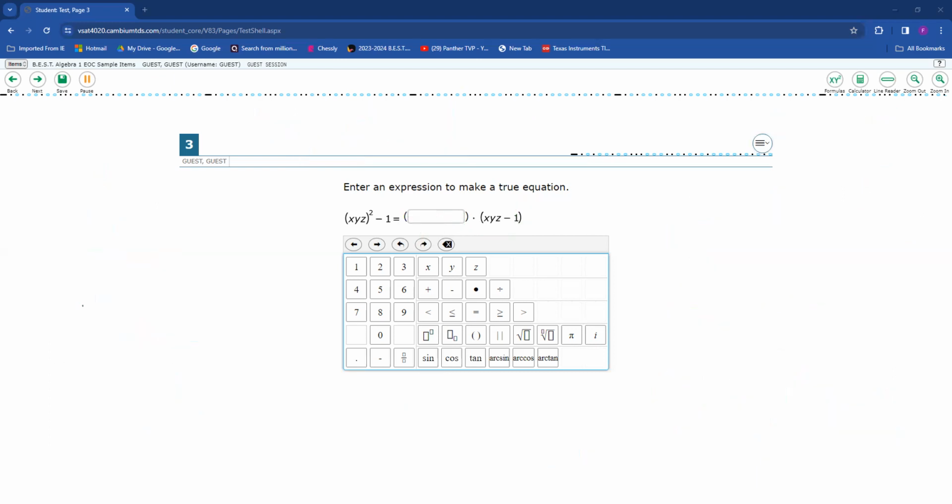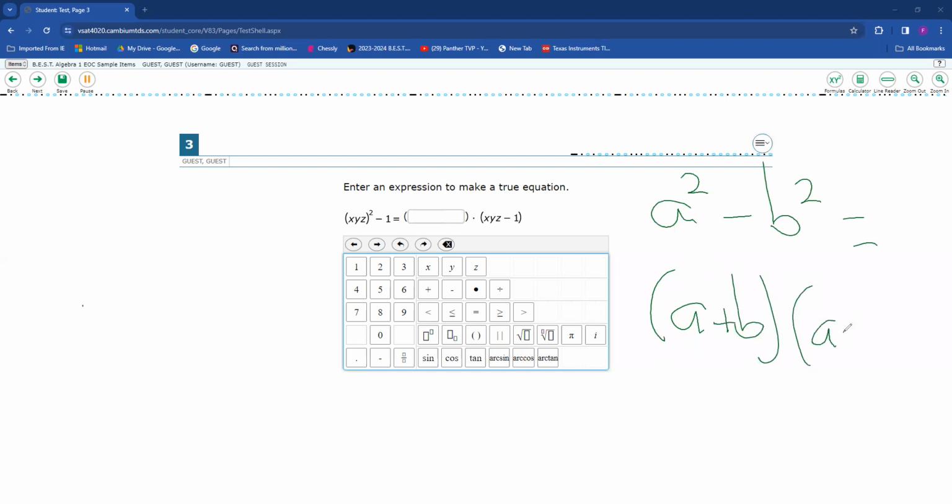So we have, again, a to the second power minus b to the second power, which is the same as multiplying a plus b times a minus b. You just have to know that. In a difference of squares, the factors are a plus b times a minus b. Here we have a difference of squares. xyz is a square because it has a 2. And the 1 is a square because 1 is the same as 1 to the second power.